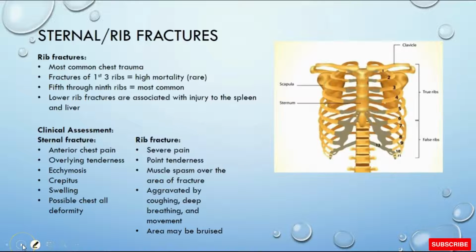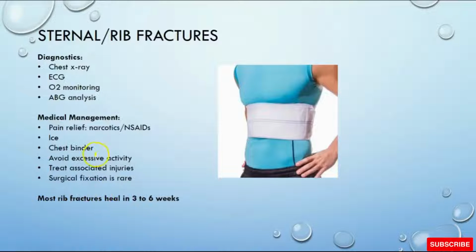Trauma related, you can have rib fractures, with clinicals depending on the type, if it's sternal versus a rib fracture. Diagnosis: chest x-ray, ECG, O2 monitoring, ABG analysis.